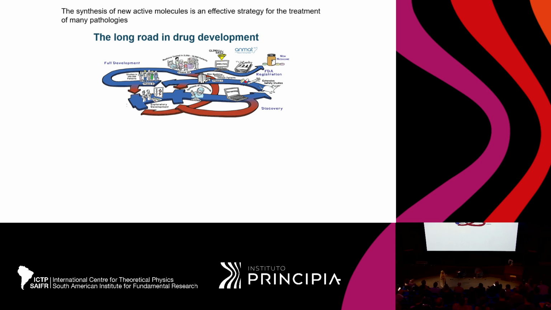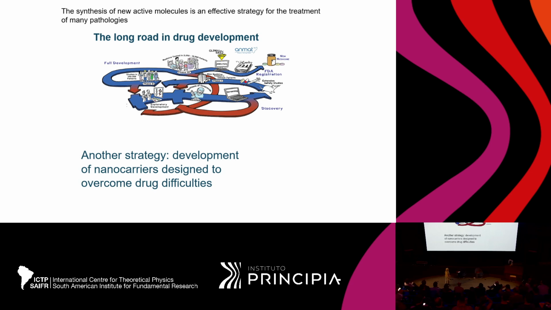This long road takes too much money, too much time, too much effort, and most drugs are not approved. But many of the drugs that are already on the market are good drugs, but they don't access the right place or have problems accessing the right place.